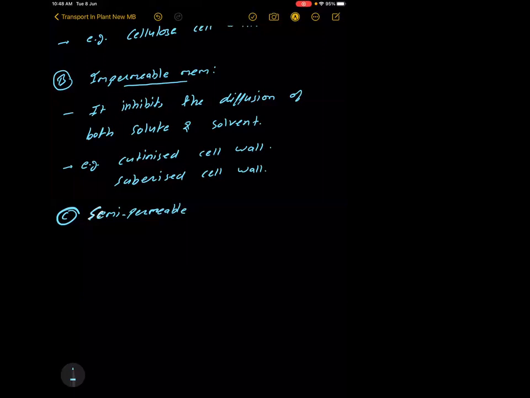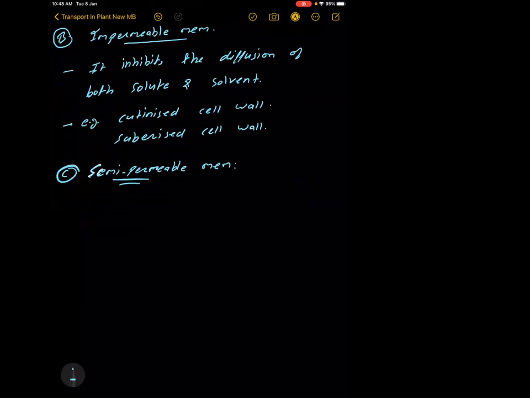Okay. Semi-permeable membrane. Definition, as you know, this is the membrane that allows both solute and solvent. It is semi-permeable.